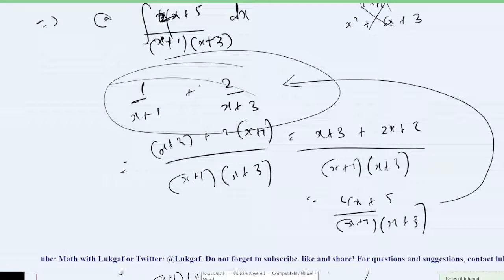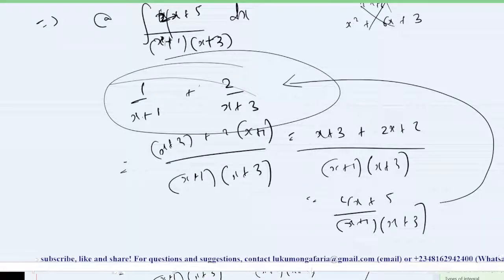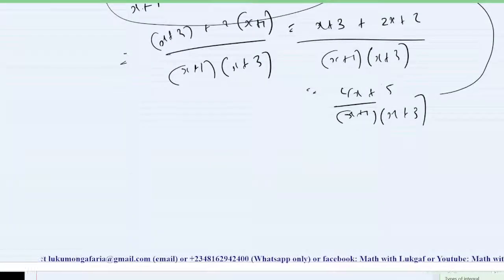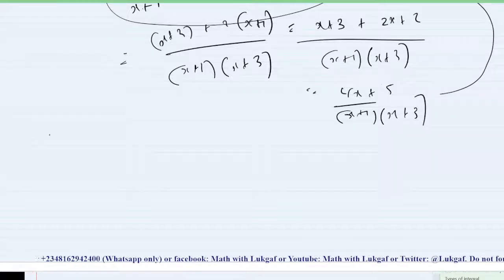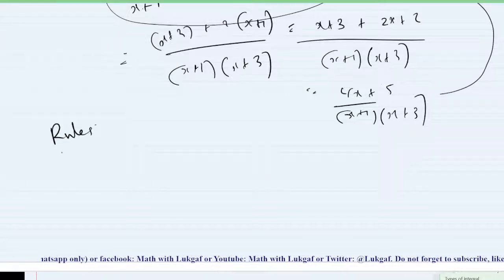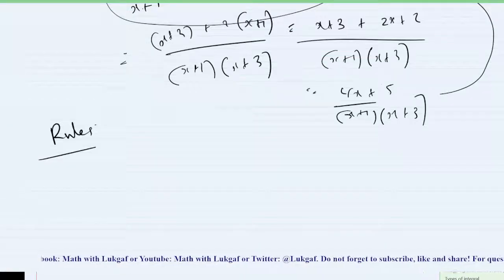So when the two principles, that of division and that of product, do not work again, let us do that. And don't forget, in your partial fraction, before I even solve it for you, don't forget some of the rules. You will have been taught this in your high school.